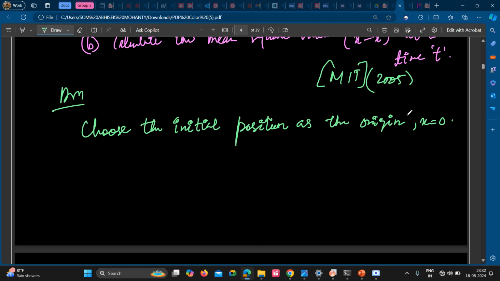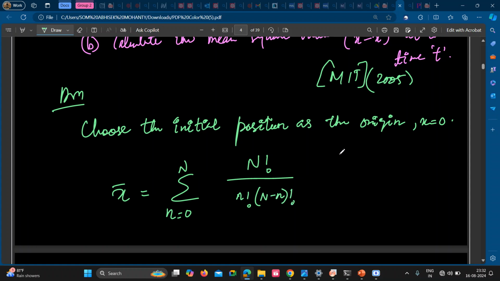So with the x axis, first of all, x bar. The formula for x bar is summation n is equal to 0 to N, N factorial divided by n factorial, N minus n factorial, n a p to the power n, q to the power N minus n. So this is the formula, you have to remember this.